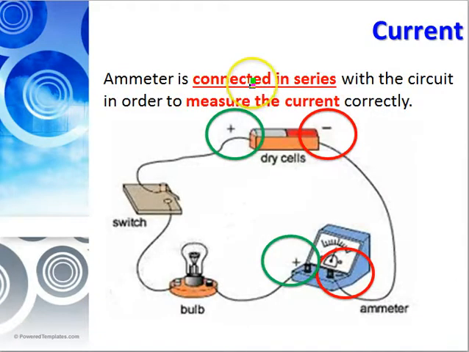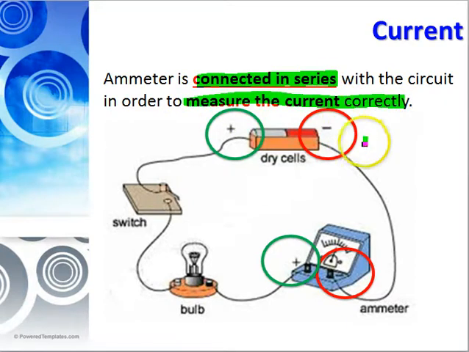One other key thing to take note of is that the ammeter must be connected in series with the circuit to measure the current correctly. If you connect it other ways, it's going to be a problem. You must also take note that you connect the negative terminal of the cell to the negative terminal of the ammeter, and the positive terminal of the cell to the positive terminal of the ammeter. If you connect them wrongly, your ammeter will deflect in the wrong direction.